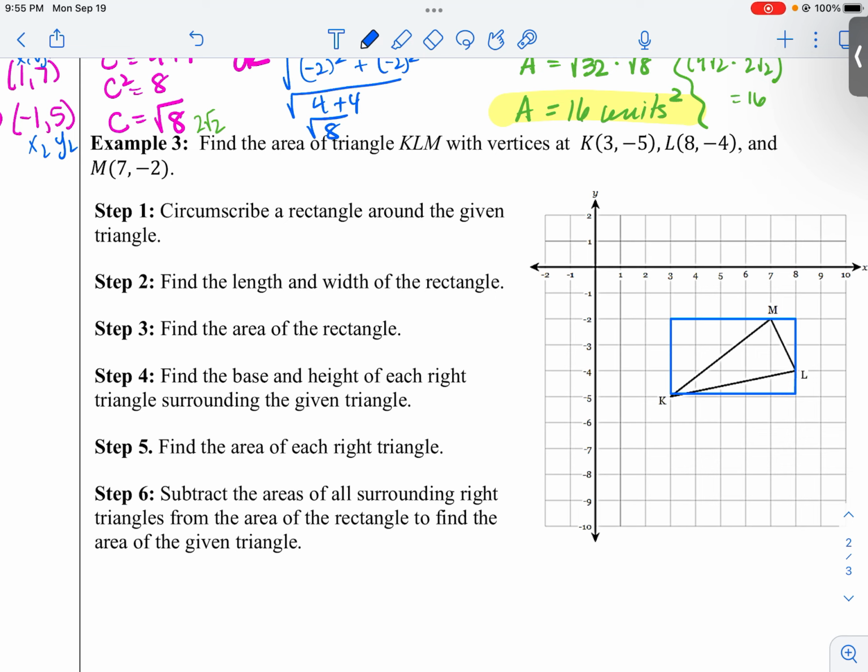So there's our rectangle around our triangle. Then we're going to find the length and width of the rectangle. And then we're going to look at the 3 little triangles that are around it.